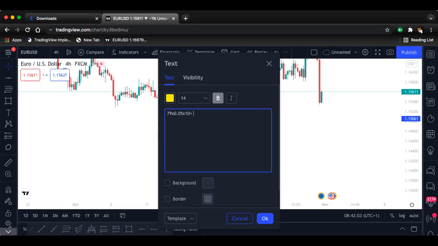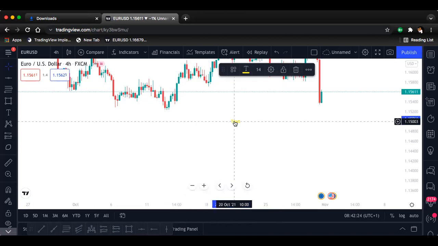I think this should be around 30 something. Let me just do the calculation quick. 79 times 0.05 times 10. Okay, that would have been $39 just from that simple move.